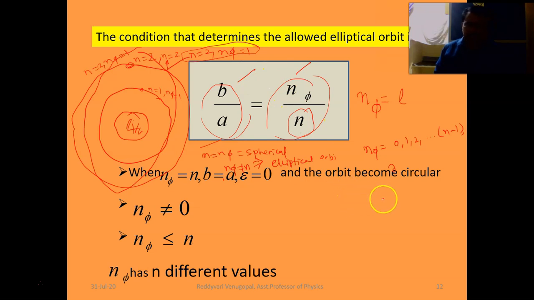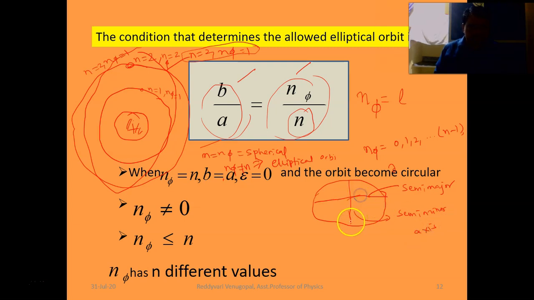If you take an ellipse in general in mathematics, we take two axes. This is called the semi-major axis, and this is called the semi-minor axis.